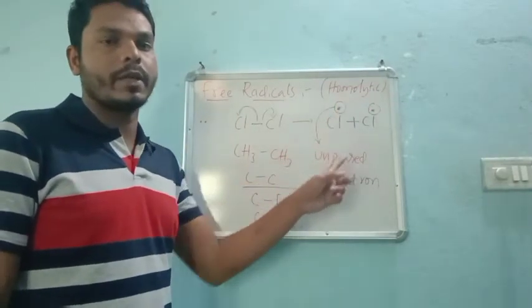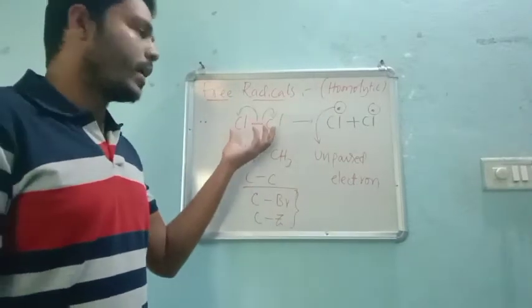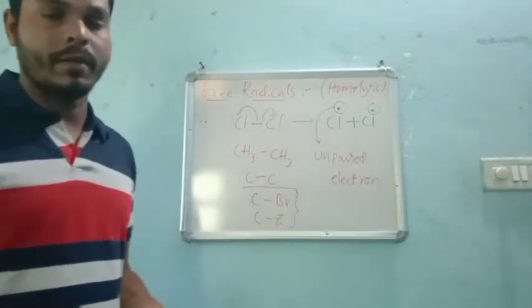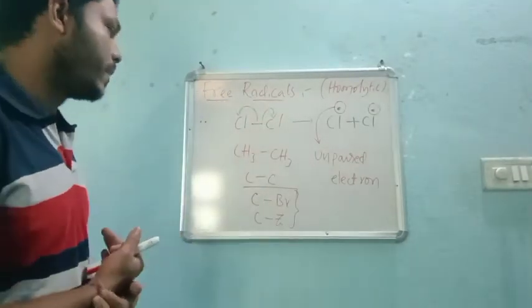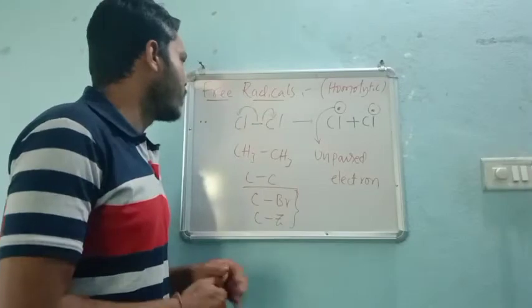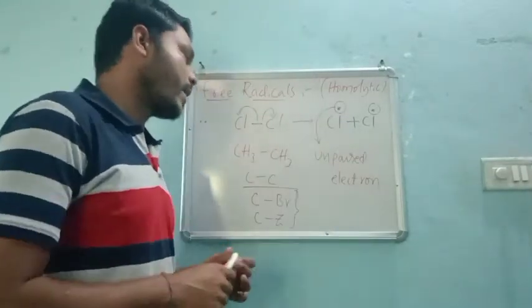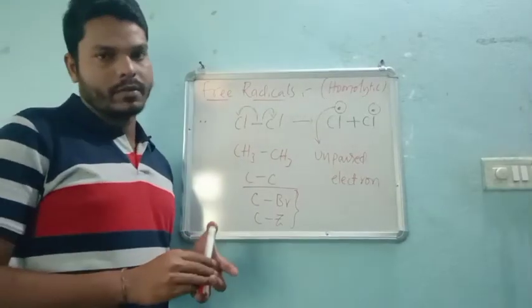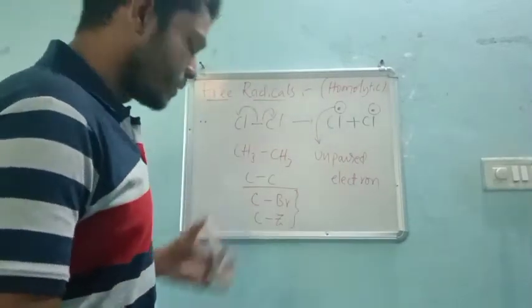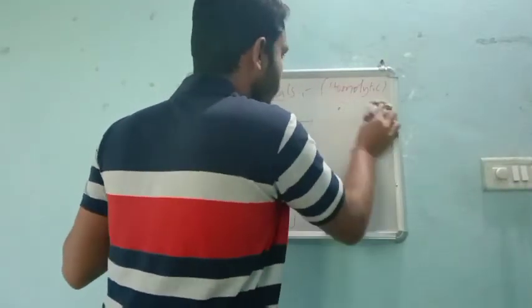Homolytic cleavage means the two atoms with the same electronegativity, or the same atom, are present in any bond, single or double or whatever it may be. This type of unpaired electron carrying species is called a free radical, right? On this carbon also we can show an unpaired electron like this.